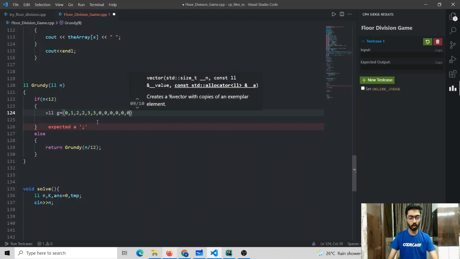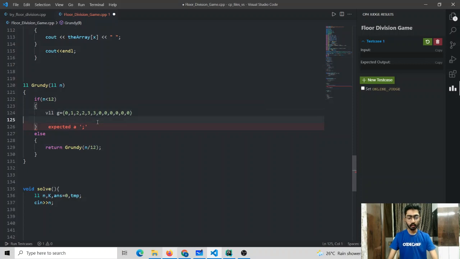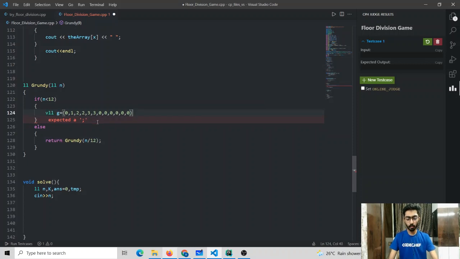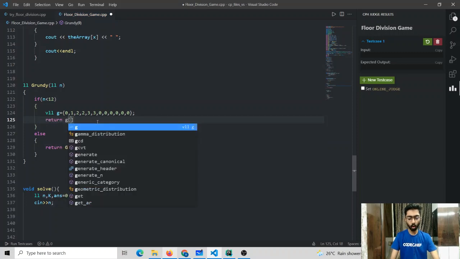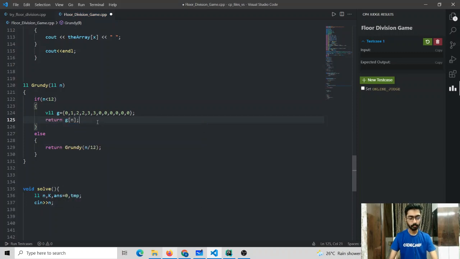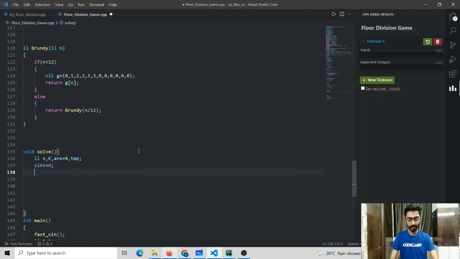So for n which is less than 12, what we have to return is just g of n. And for any n which is greater than 12, we are going to return the Grundy of n by 12. Now after we have taken n as our input, we need to take n elements as our input.